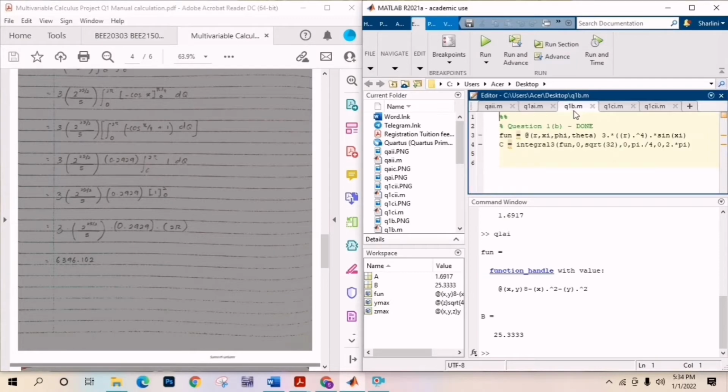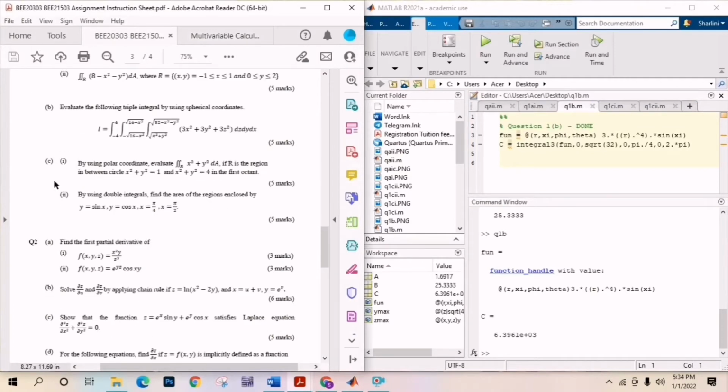Now we check the last answer in MATLAB programming, and this is the MATLAB program. We run the program now, and here you go. The last answer from the program is the same as the last answer of my manual calculation, so the answer is proven.